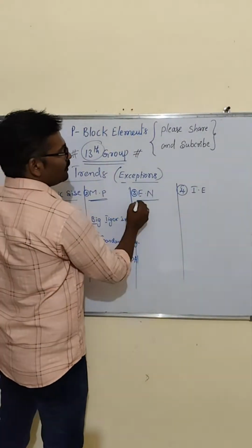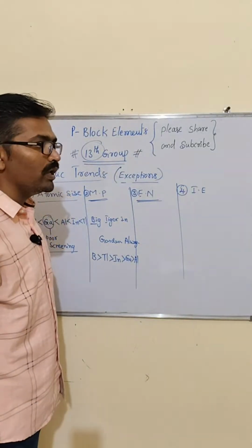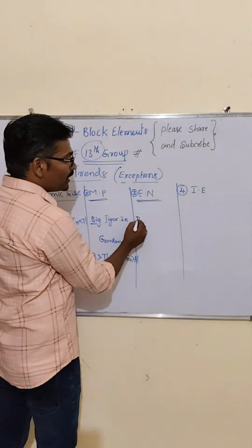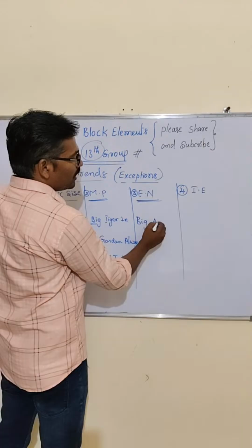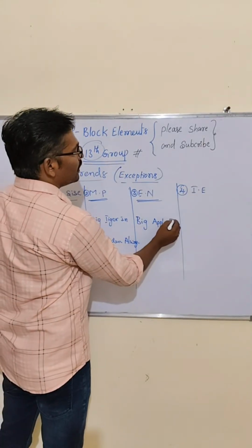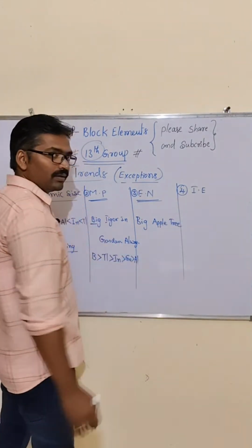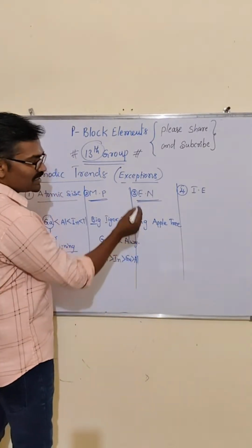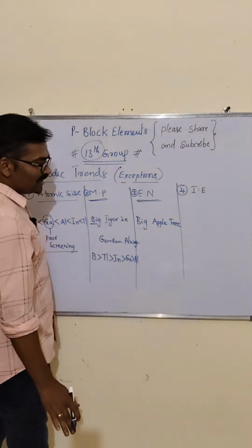Next, electronegativity. My dear students, what about the electronegativity? Big apple tree. Then you have to remember the electronegativity order.